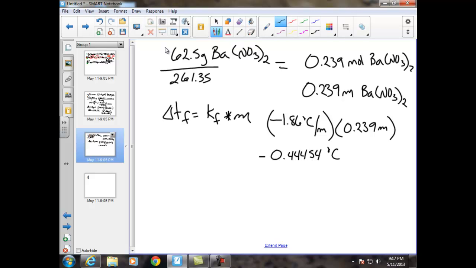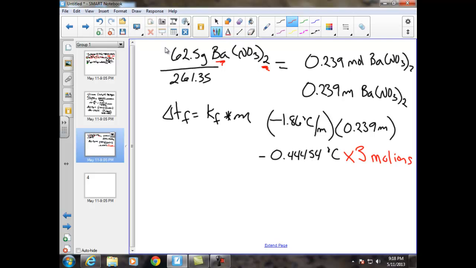But that is only for 1 mole of the substance. Now, barium nitrate, being a soluble ionic compound, when it hits water, it dissociates. So if I put in 1 mole of barium nitrate, I actually get 1 mole of barium and 2 moles of nitrate out of it. So I actually get 3 moles of ions. A colligative property depends on the concentration and how much I have, not what the substance is. So I have to multiply this by the 3 moles of ions I get.